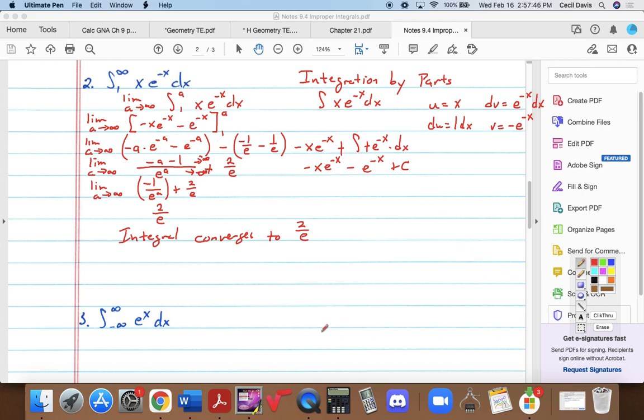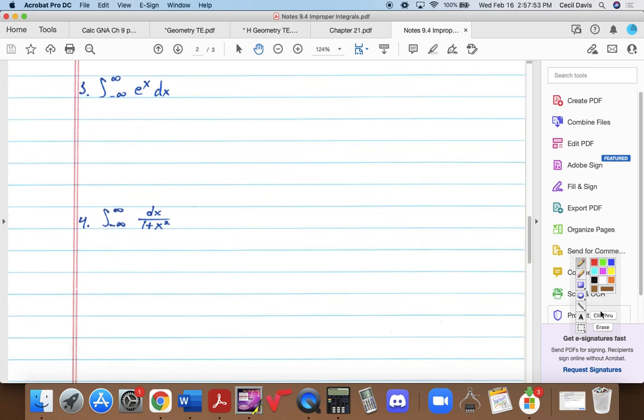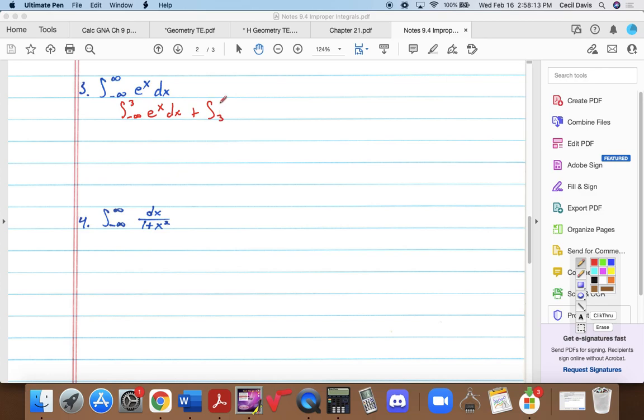For this next one, notice both the upper and lower limits of integration are infinite. Okay. So I'll break this at a point. 0 seems like a good place. What about 3? Sorry, 3 was definitely not the correct answer. Should have picked 1.